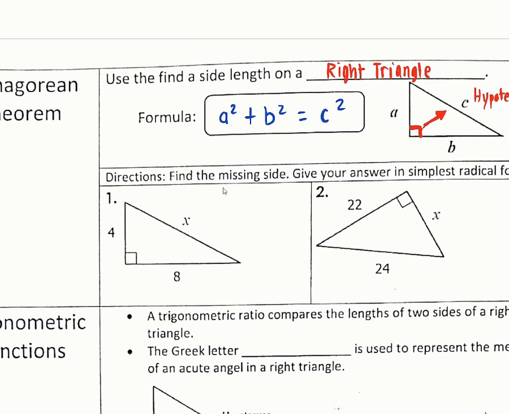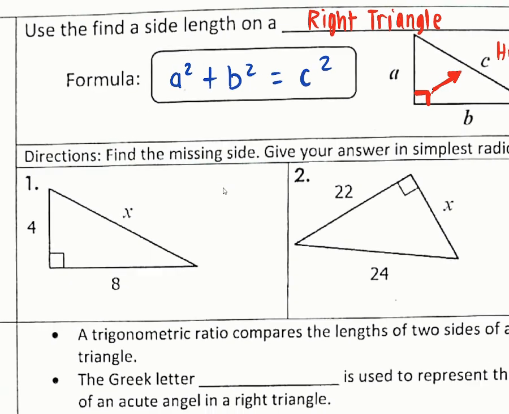Okay? So when we come across a problem like number 1, what's the first thing I would want you to recognize? Exactly. I would want you to immediately go to your 90 degree angle and say, hey, which one's my hypotenuse? In this case, it's x, right? It's our missing side, the one that we want to find in this particular problem. So I'm going to put the other two that we call legs in A and B's position.